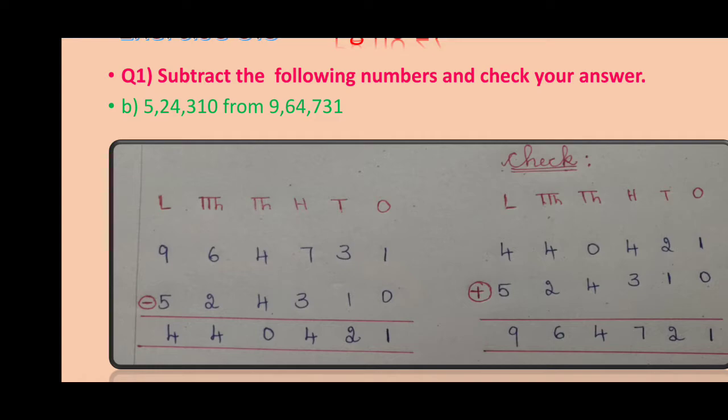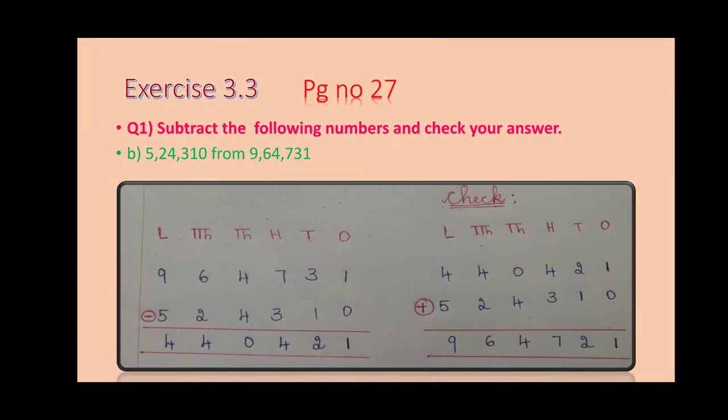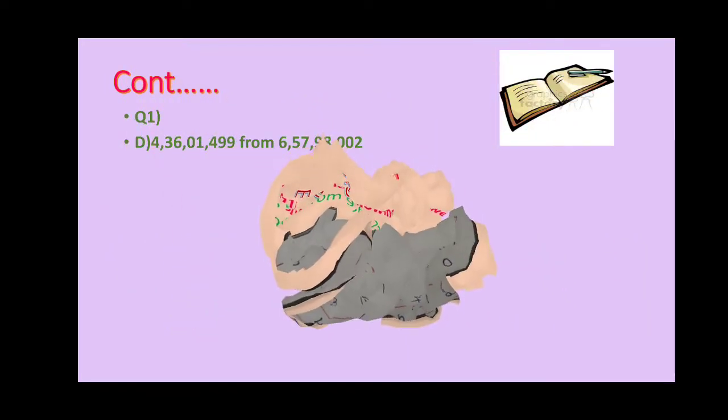Correct it when you are writing in the classwork also. So 2 plus 1 is 3, and we got back the minuend. So you can decide that the subtraction we have done is absolutely correct. Am I clear, children? Then we'll move to the next screen, children.